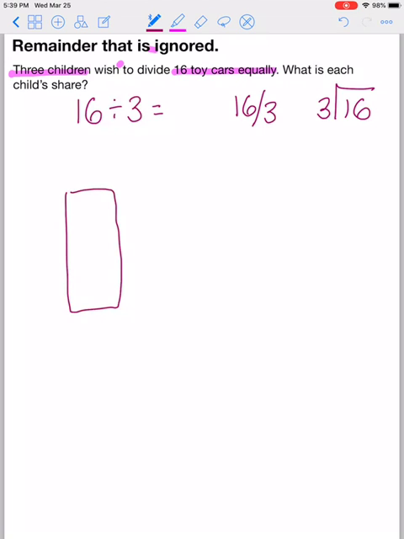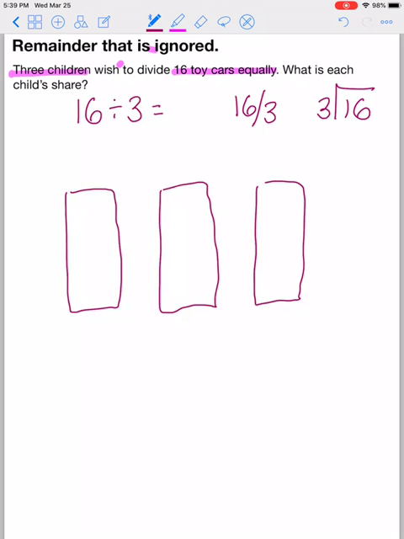So the number model for this problem would be 16 divided by 3. And remember, you can write that a few ways. So I have 3 children that are going to split the 16 cars. Each of these boxes is going to represent one of those children: child 1, child 2, and child 3.